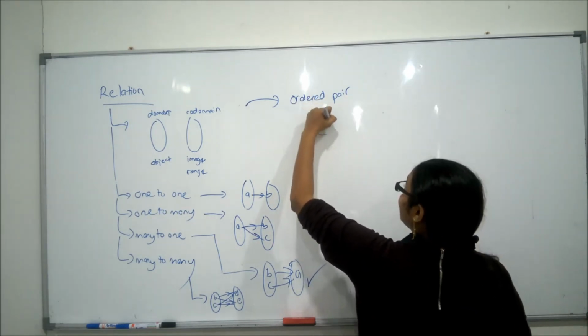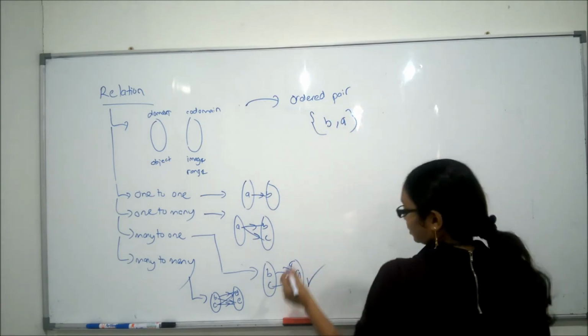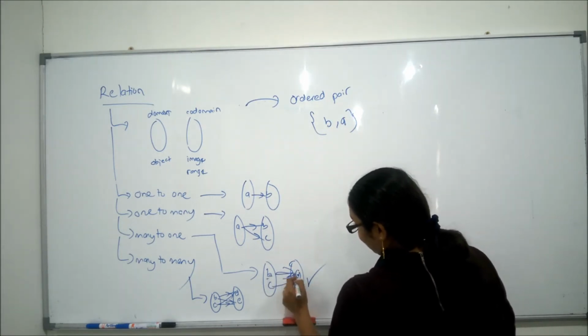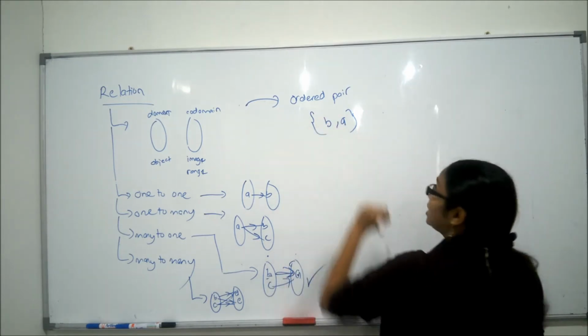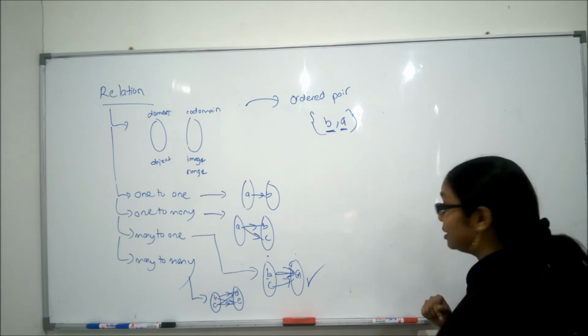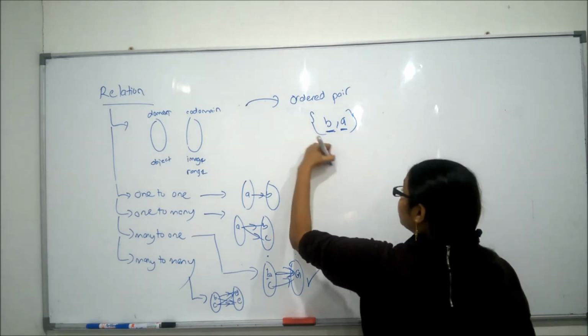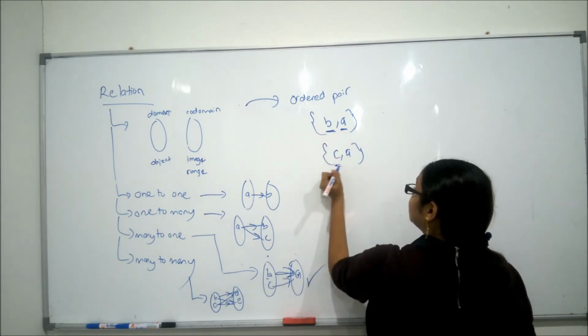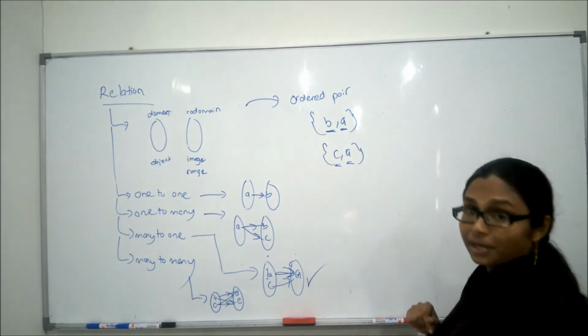We can denote B is related to A, domain and codomain, B to A. So this is your object and this is your image. And the same goes to C, C to A. This is your object, this is your image.